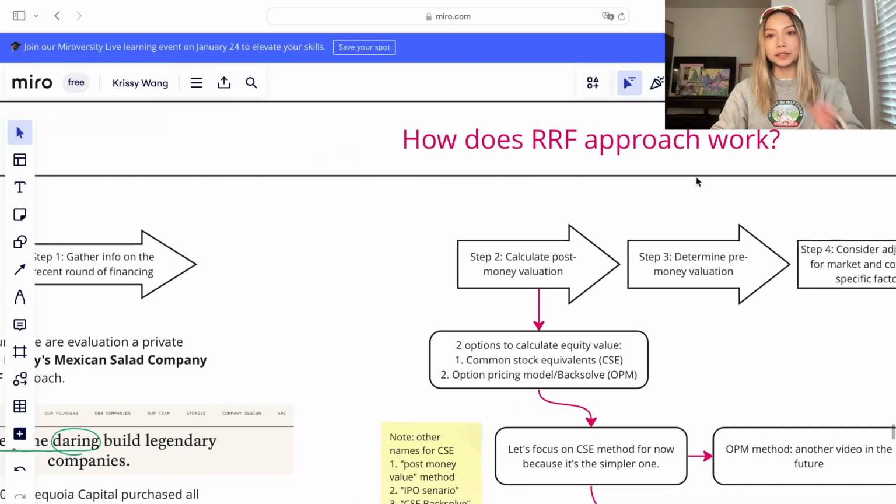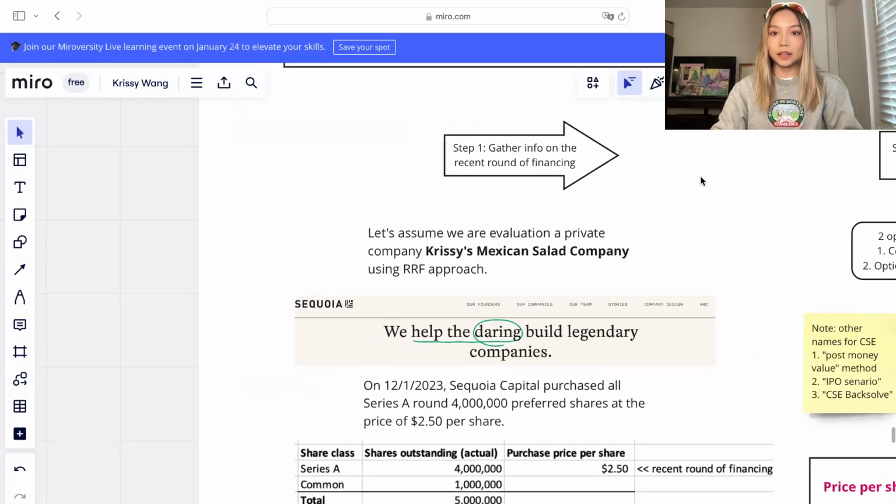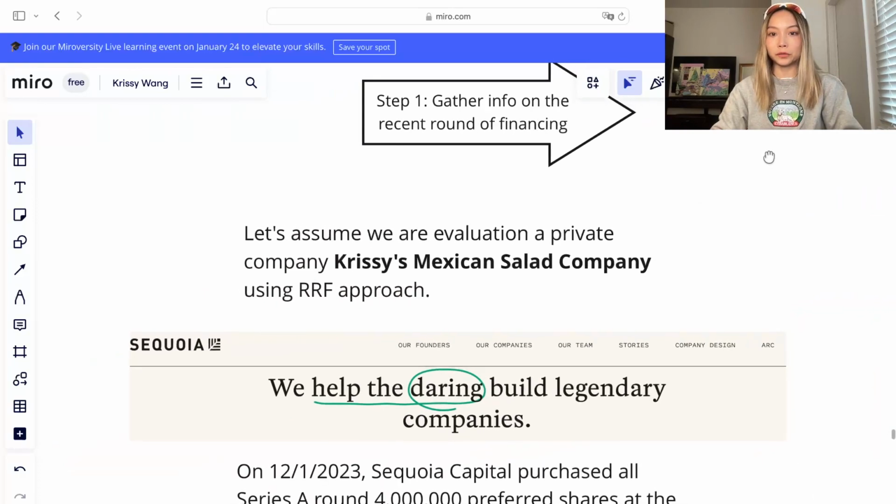Now let's dive a little bit deeper into how the RF approach works step by step. We're again gonna use our lovely old friend, my Mexican satellite company. Let's say the very famous PE firm Sequoia Capital wanted to invest in my company. If you're not familiar with Sequoia Capital, you're probably very familiar with a lot of companies they invest in, such as DoorDash, the delivery company.